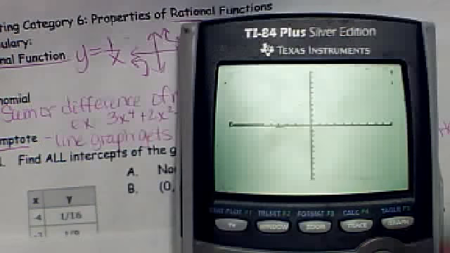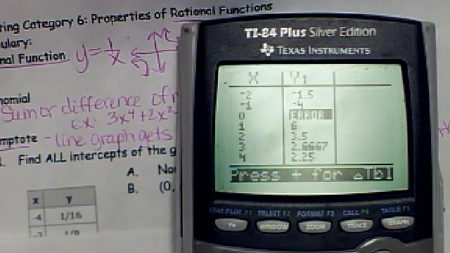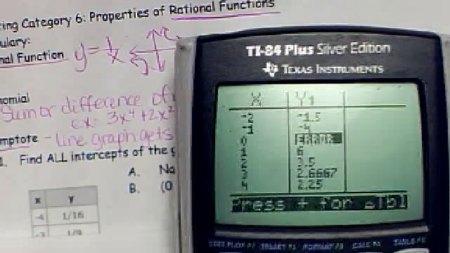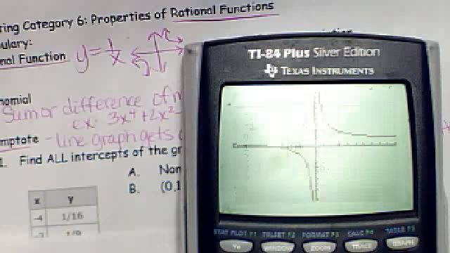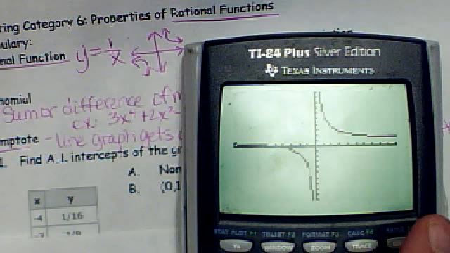And if I look at the graph, I can see that it's getting close to the y-axis, but it's never crossing it. So there is no y-intercept.